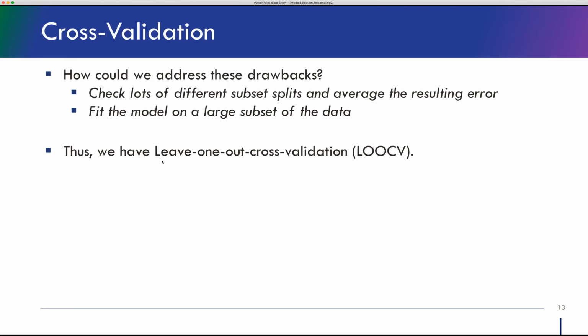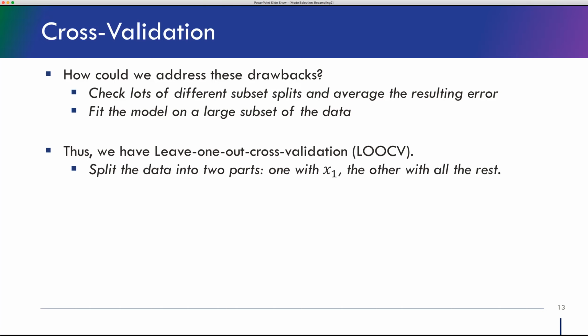So we have leave-one-out cross-validation, or LOOCV, which is short for leave-one-out cross-validation. As you can probably tell from the name, we only leave one out for testing. That way we fit the model on the largest training data set we could have.